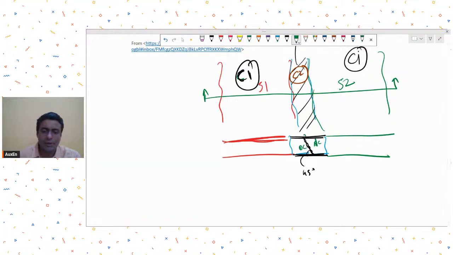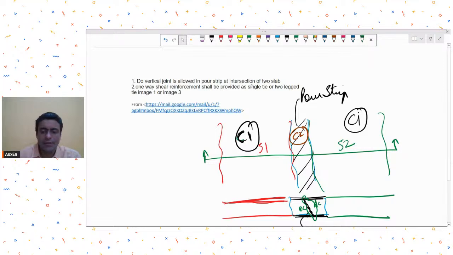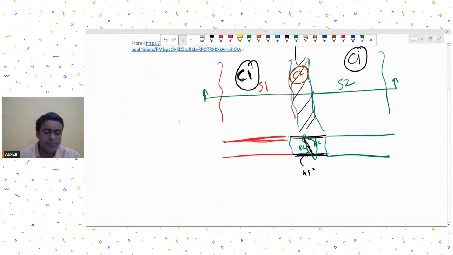Technically I would want to avoid any joint in the pour strip, because the idea of a pour strip is to do it in one go. But if due to unavoidable circumstances you had to provide it, then do it this way.